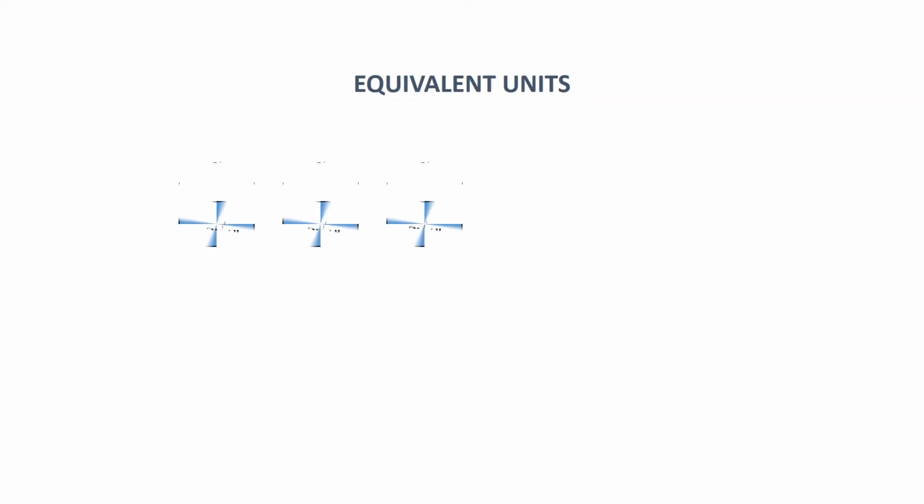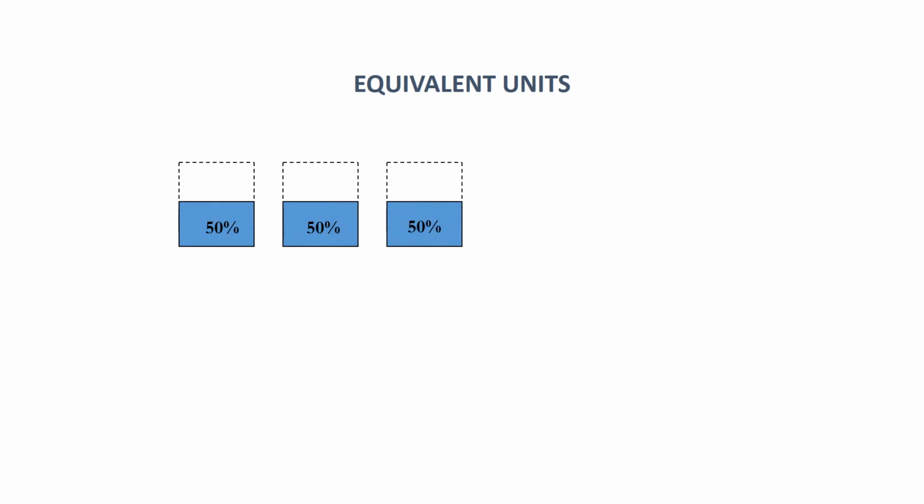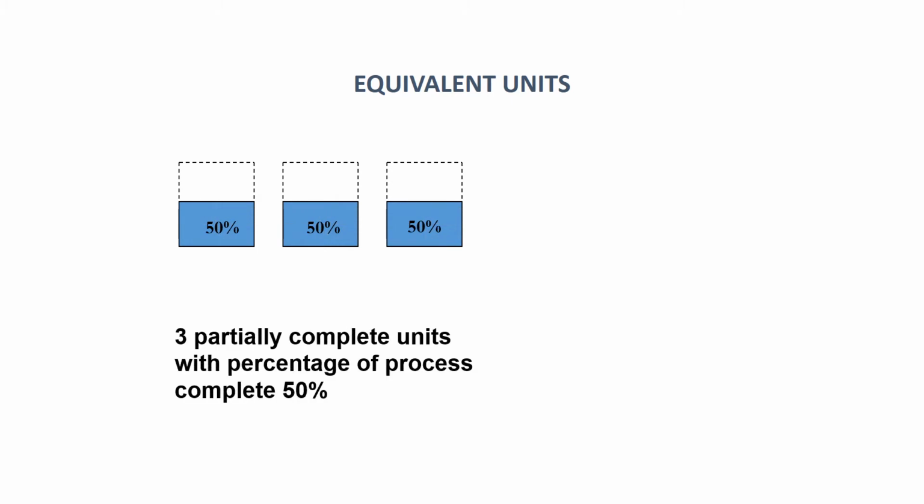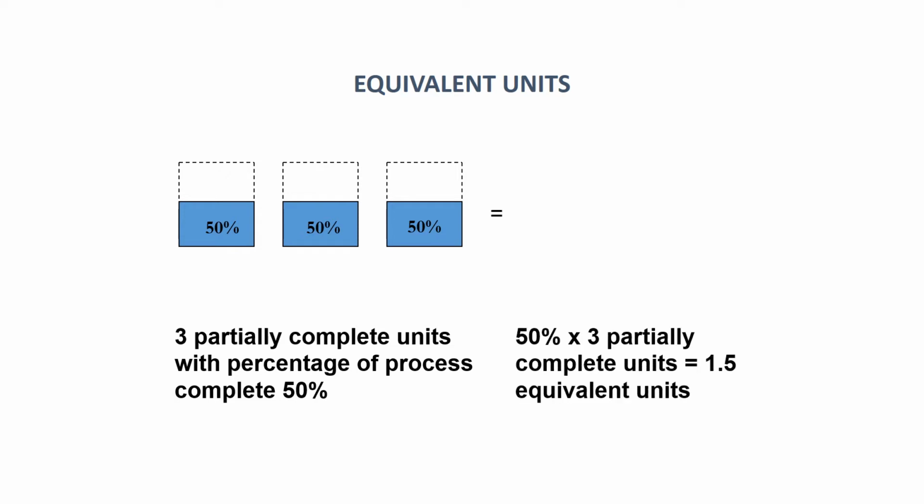The example to calculate the equivalent units: there are 3 partially complete units with 50% of the process complete. Therefore 50% x 3 partially complete units is equivalent to 1.5 complete units. So the equivalent units here is 1.5.